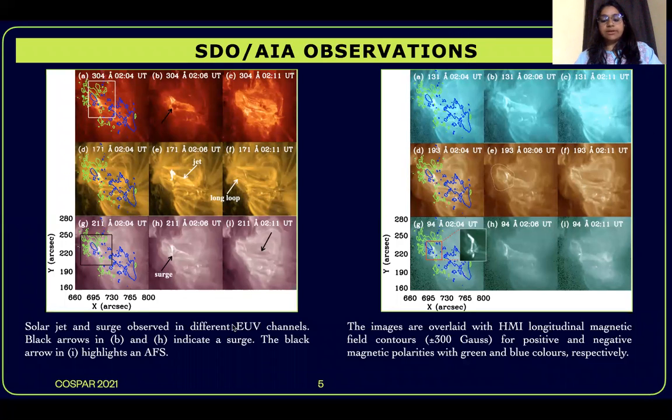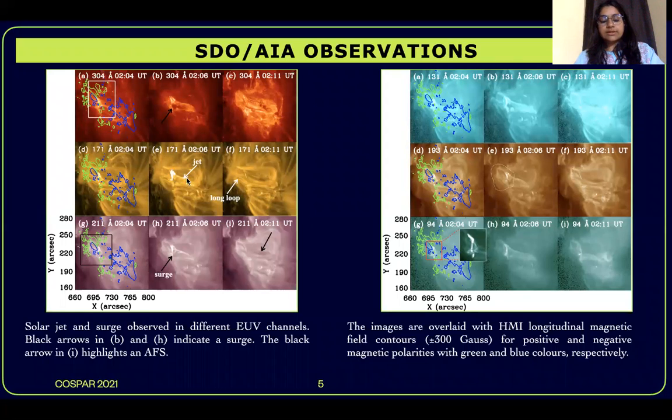These are the multithermal images from the AIA observations. In the first column, we have the magnetic field contours of strength plus and minus 300 Gauss, and these are observations from 94 to 304 angstrom. The jet is well visible in all the wavelengths.